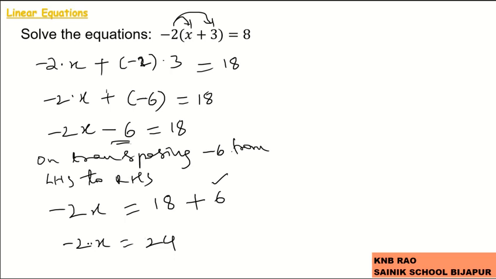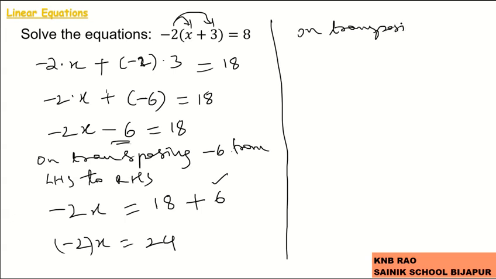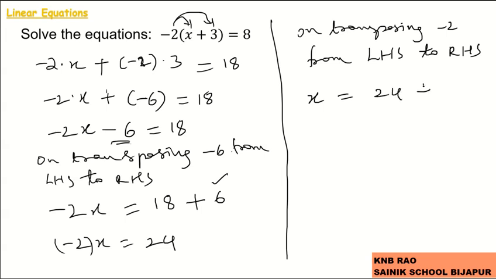Now, minus 2 which is multiplying here, if it transposes the other side, gives us x equals to 24 divided by that minus 2.